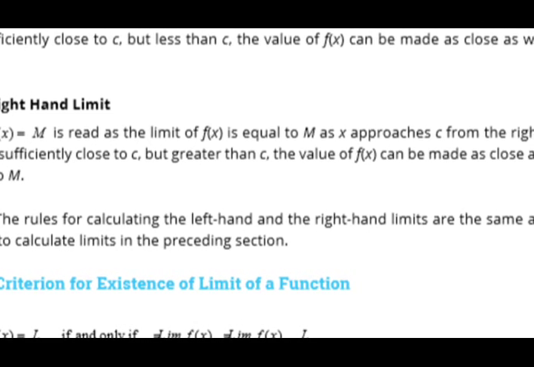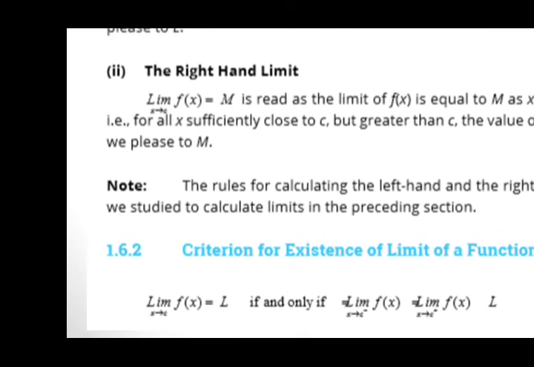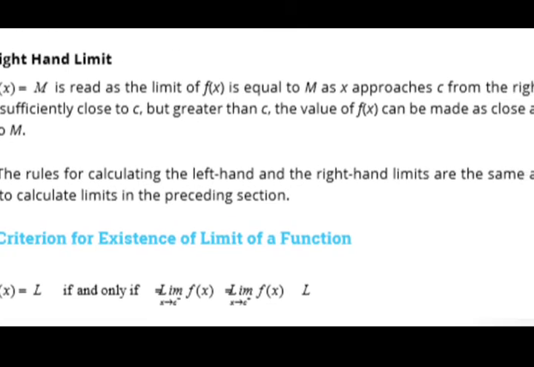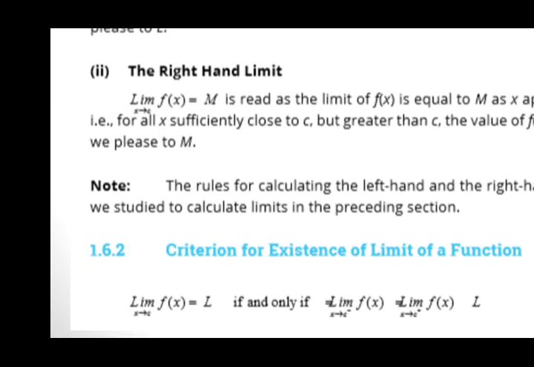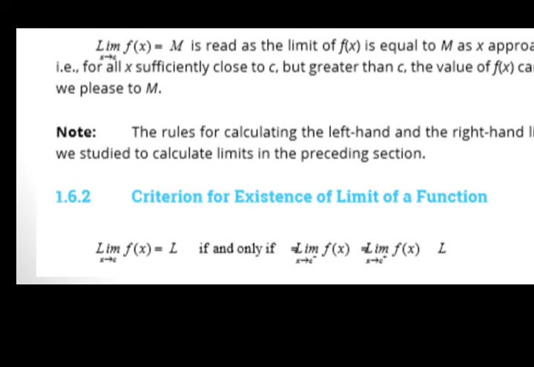The value of f of x can be made as close as we please to M. The rules for calculating the left hand limit and the right hand limit are the same as we studied to calculate the limit in the preceding section.